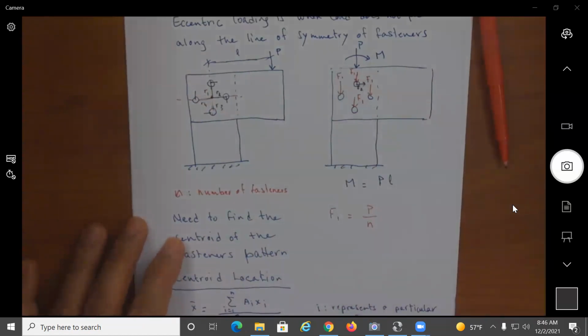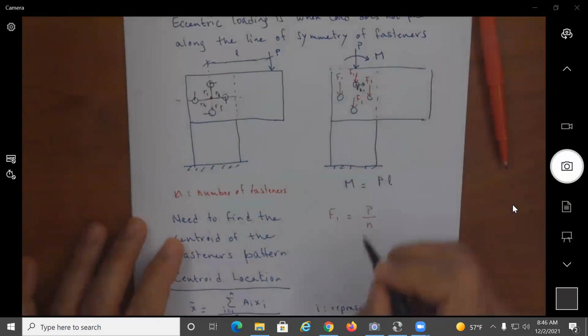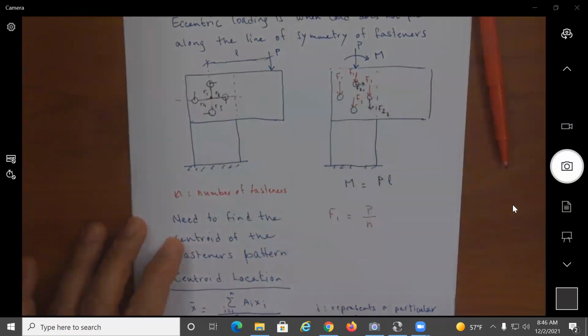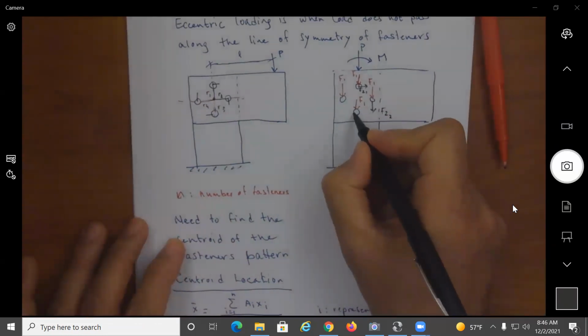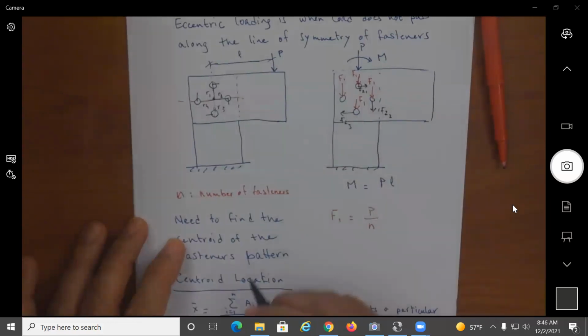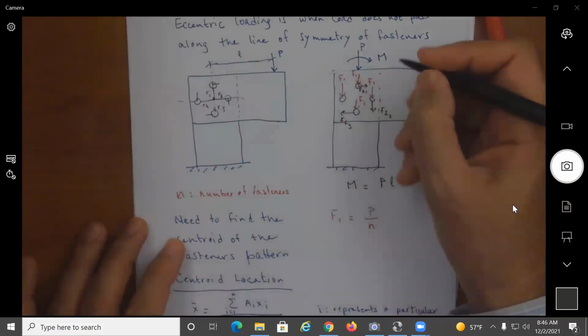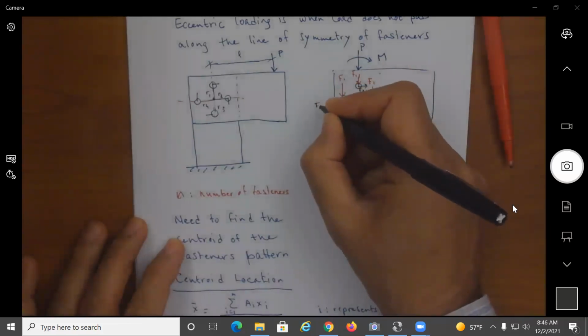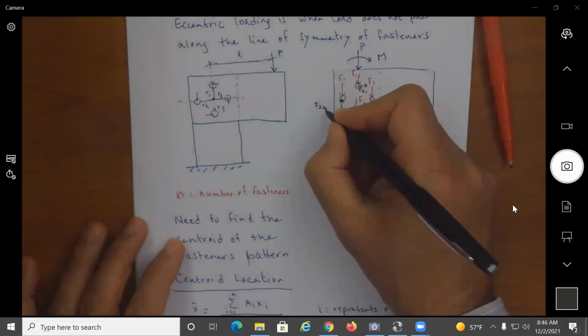So now I'm going to get here an F2 at fastener 1. I'm going to get here an F2 for fastener 2, an F2 for fastener 3, and an F2 for fastener 4.